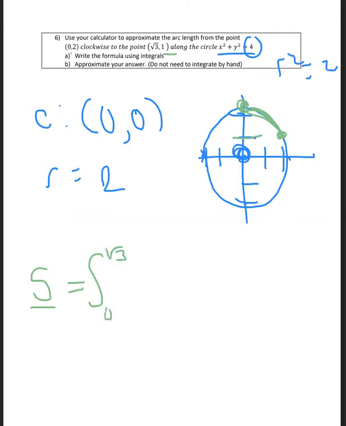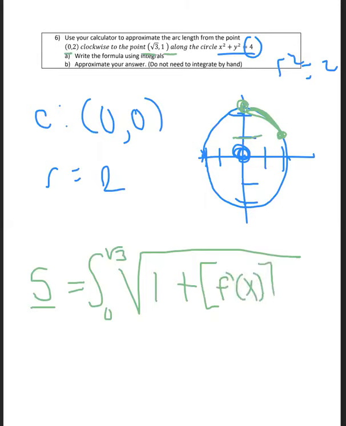And it's the square root of 1 plus the derivative, f prime of x, squared, dx. That's the arc length formula. So the first thing we need to do is find f, or y, because the equation we're given is not in terms of y. So let's do that first. Write down the formula and make sure you have it in mind.